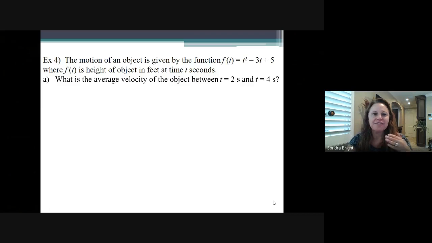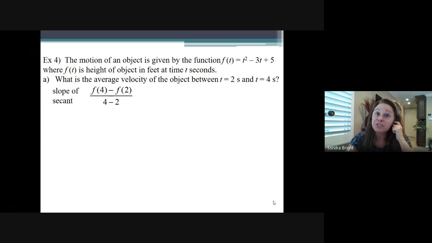If they're asking for the average velocity, that's just the slope you have known your whole life: y minus y over x minus x. So f of 4 minus f of 2, divided by 4 minus 2.